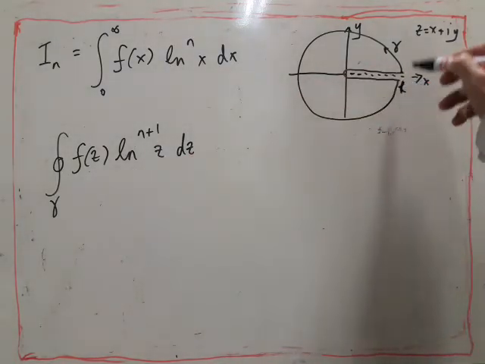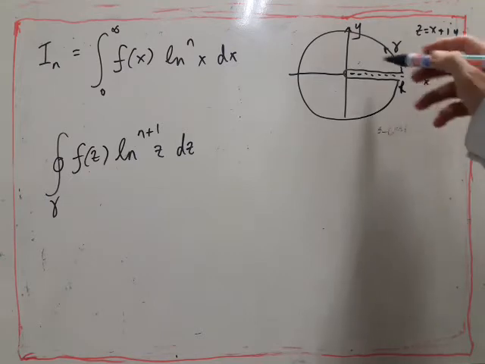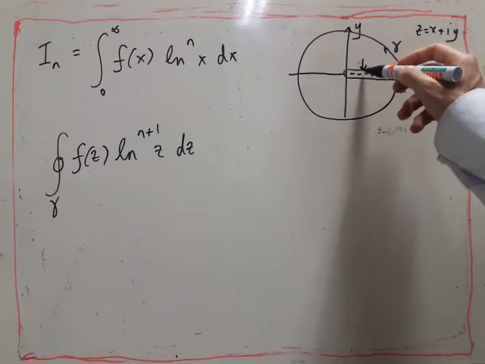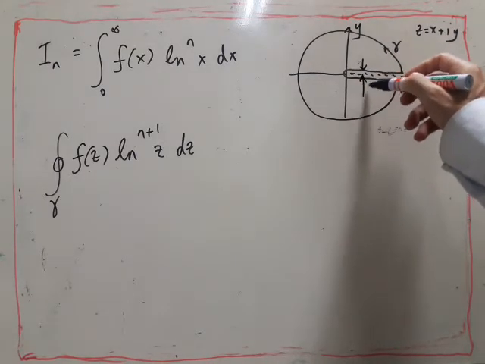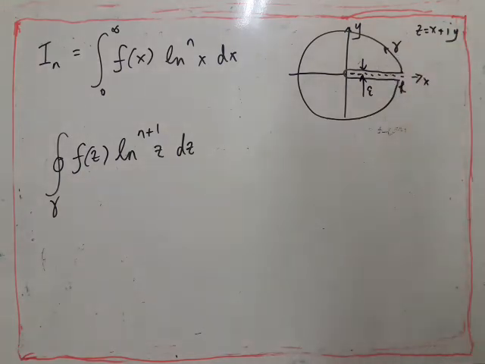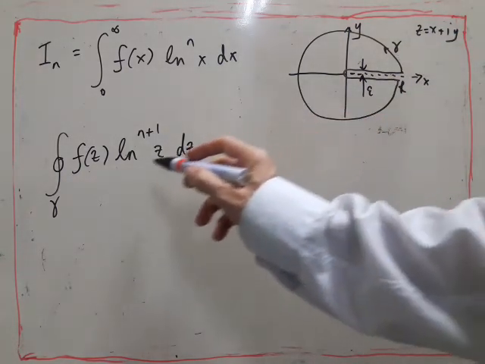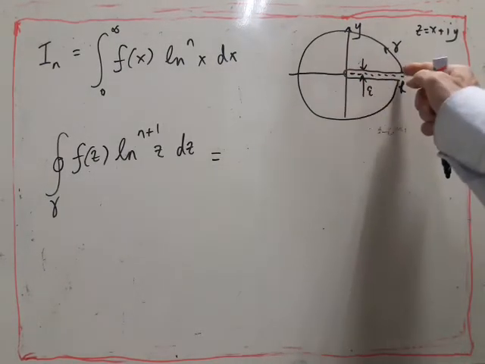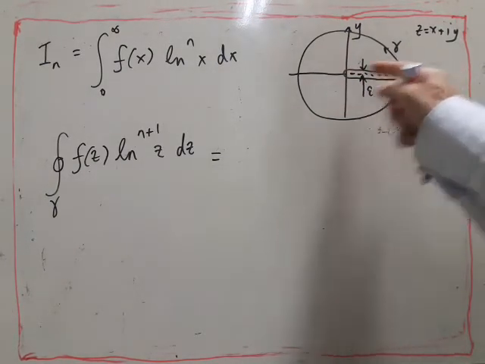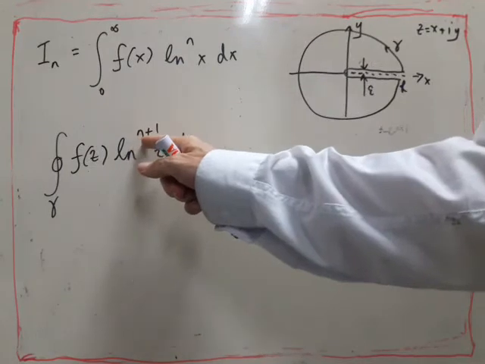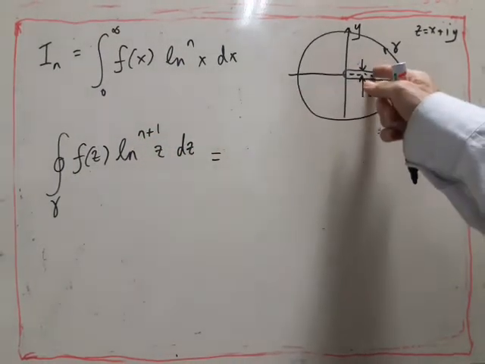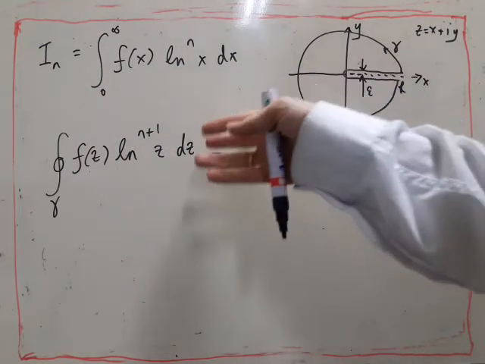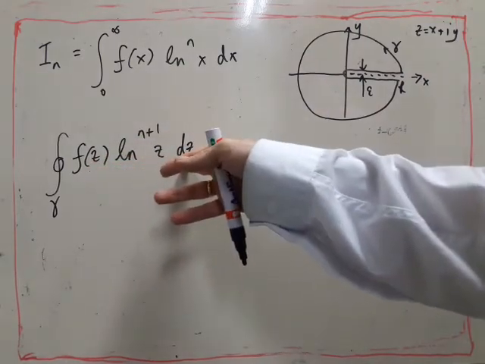So as before, this is radius r, and we have this distance here we're going to call epsilon. So along here, we will get the integral, because z along here is just x, so we're just integrating this with z replaced by x.